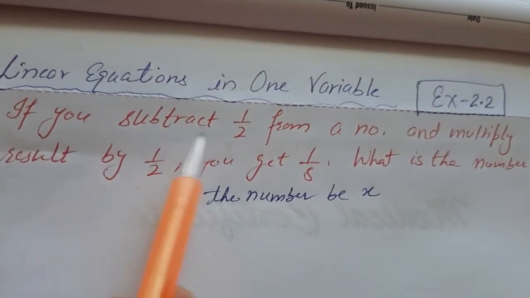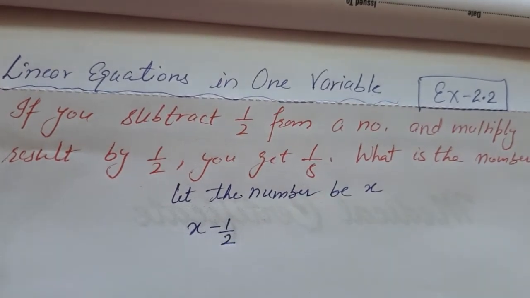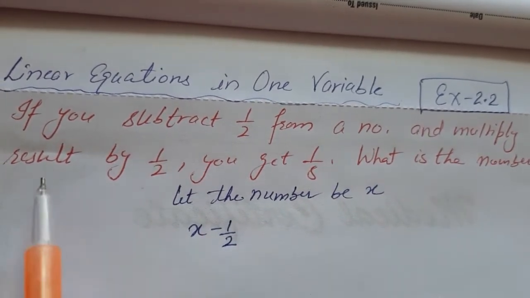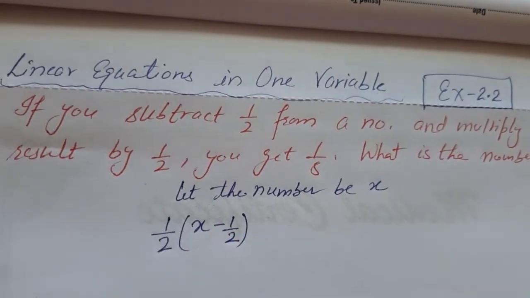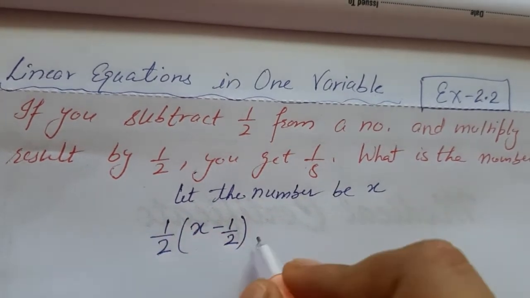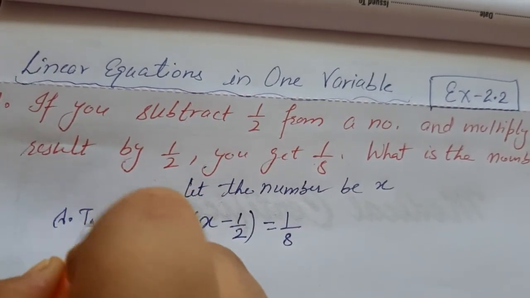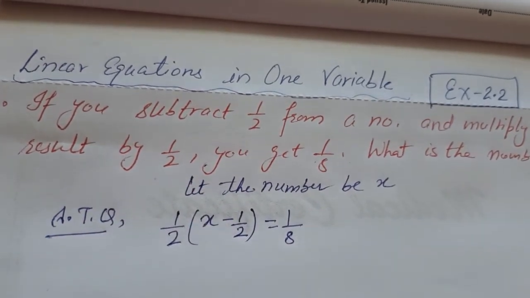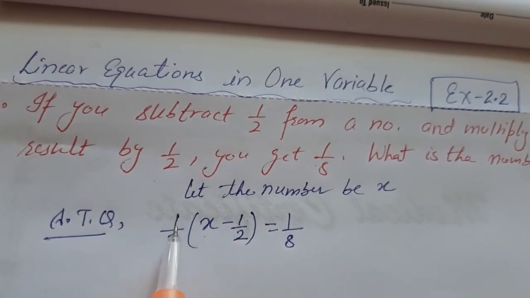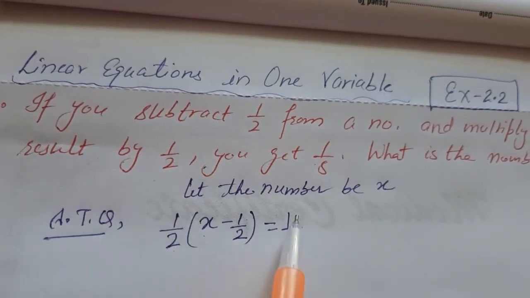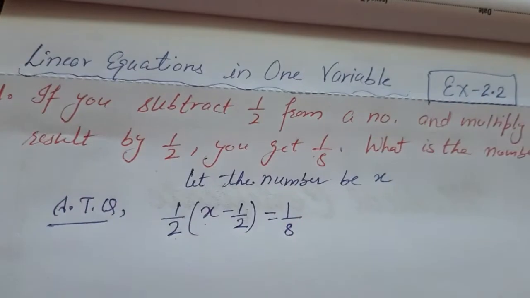We are given, if we subtract half from a number and multiply the result by half, then you get 1 by 8. So this is the equation according to the condition.